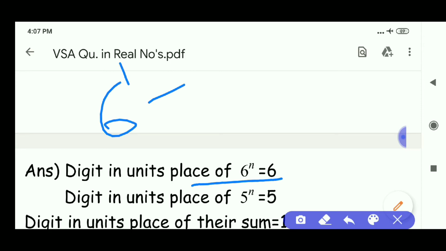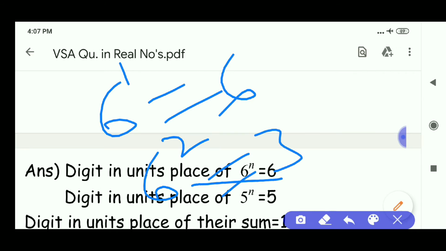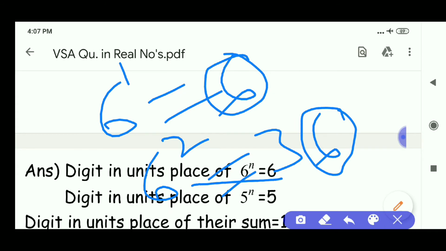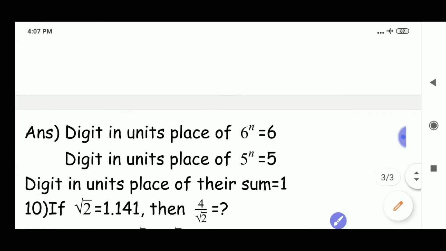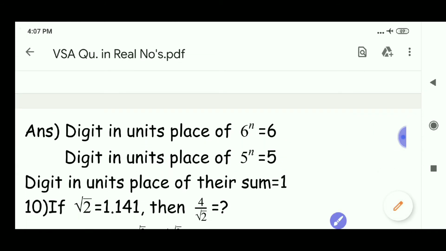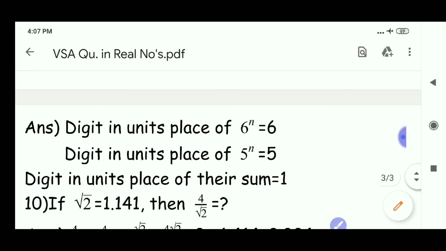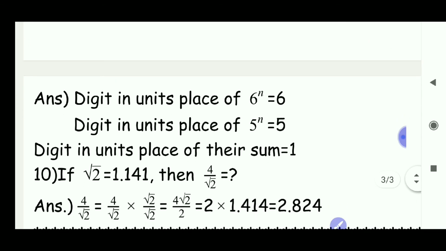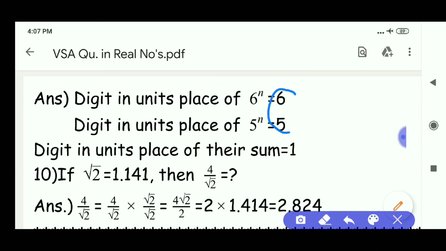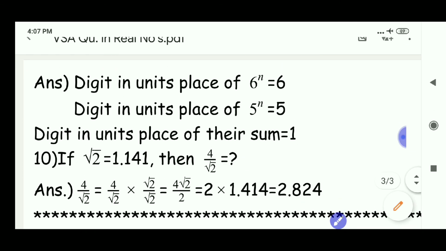Observe, 6 power 1 is 6, 6 power 2 is 36. So, the digit in the units place is always 6. Similarly, the digit in the units place of 5 power n is always 5. By adding, we get 6 plus 5 is 11. So, the digit in the units place of their sum is always 1. Now, let us come to the last bit.